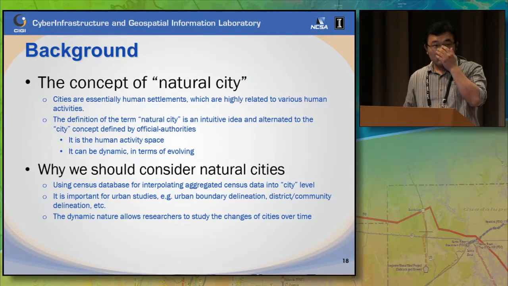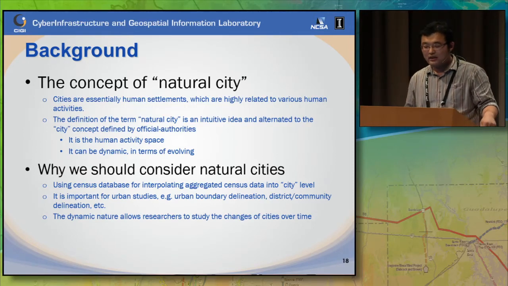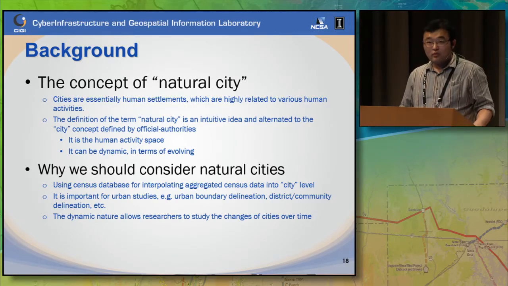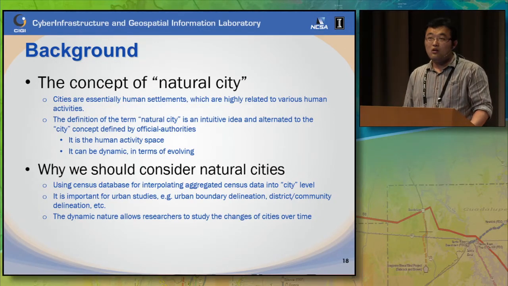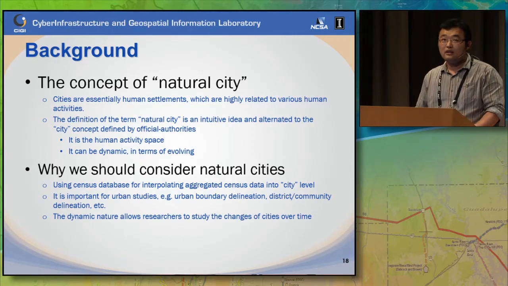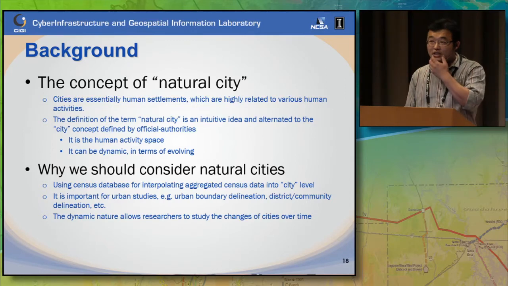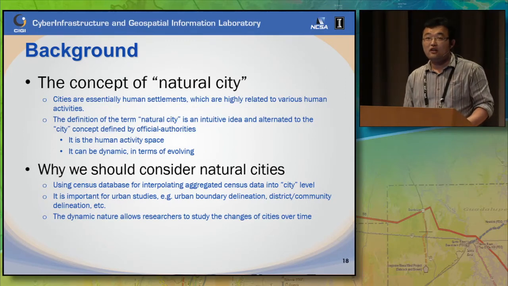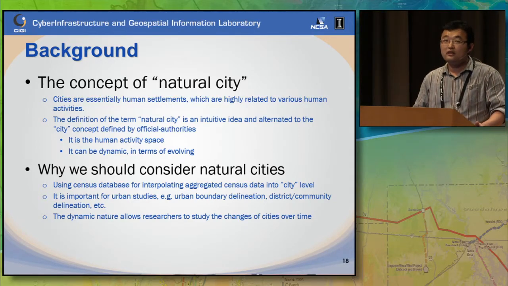So the topic starts with a very, very simple idea. It's about the natural city. We all know cities. Cities are human settlements, where people do all kinds of activities. The definition of natural city is different from the official definition in terms of the shape of the city boundaries.